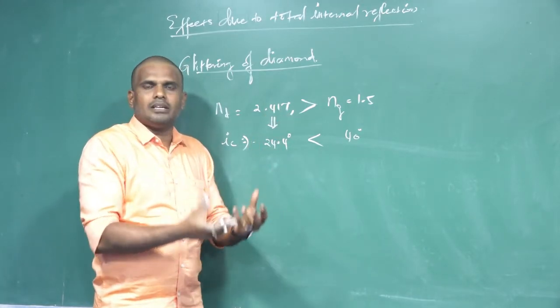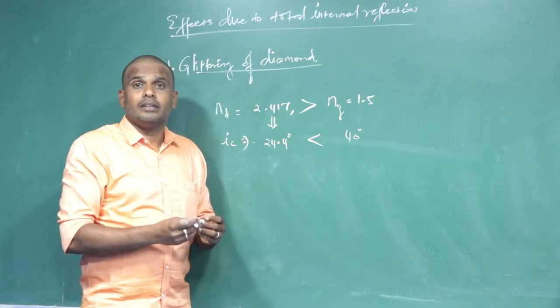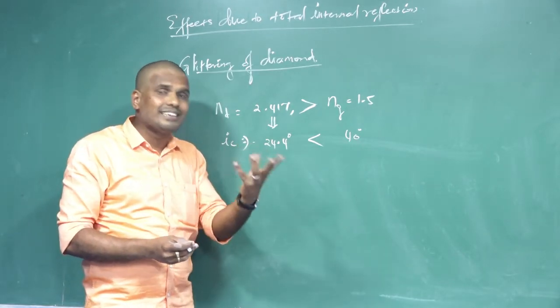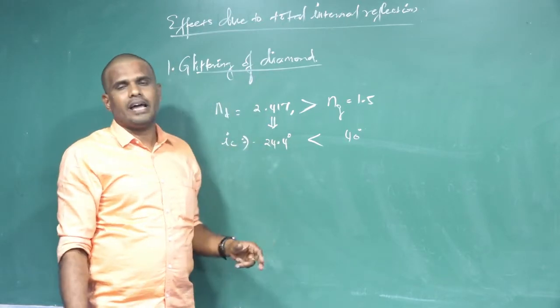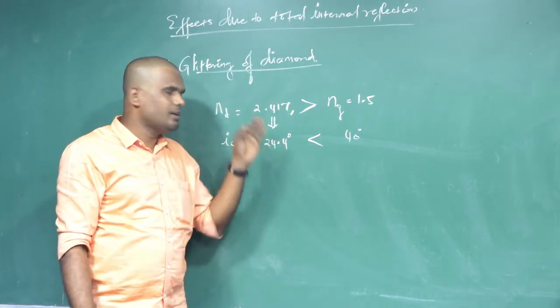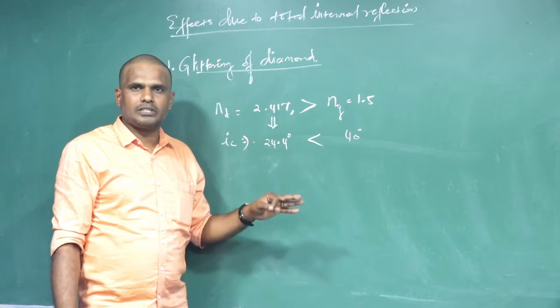At a time, simultaneously, if light is coming out of the diamond, then it will shine, it will glitter. So the glittering of diamond happens only due to total internal reflection.